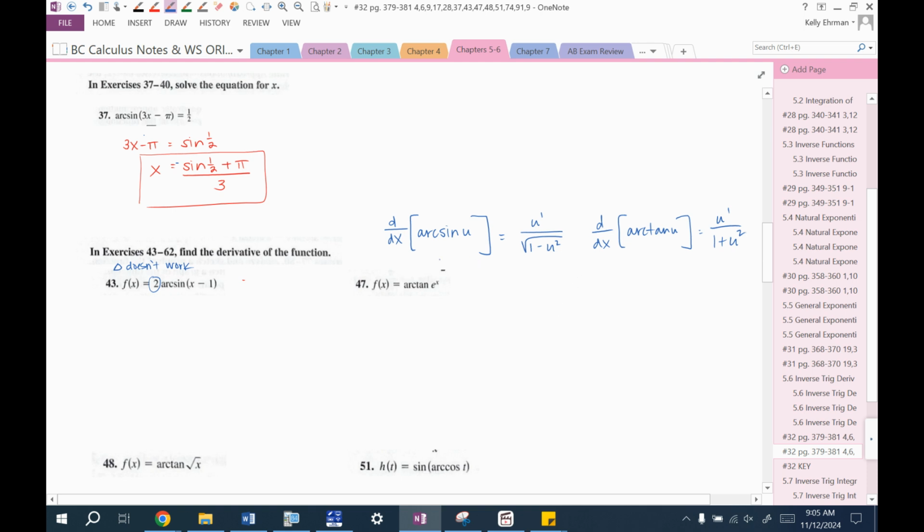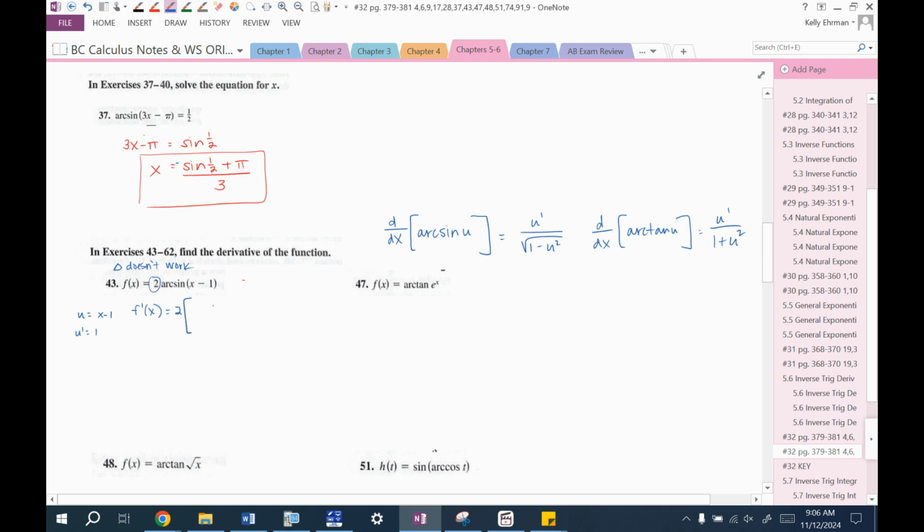All right, so if I'm going to do that, first I need to set up what is u. So u is x minus 1. What's u prime then? That's just 1, so that's not bad. There's a 2 out in front. So f prime of x will be 2 times, and then what do we get for our derivative of arcsine?